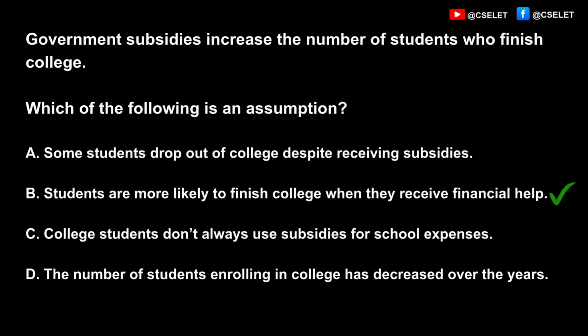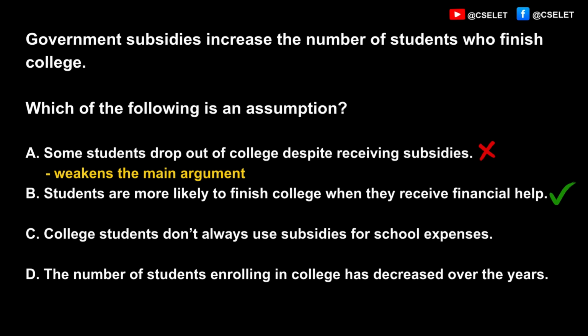Bakit sila mali? Letter A, some students drop out of college despite receiving subsidies. Mali ito kasi it weakens the main statement. Sinasuggest niya na yung mga subsidies don't always work, so nakakahina yun dun sa main argument.